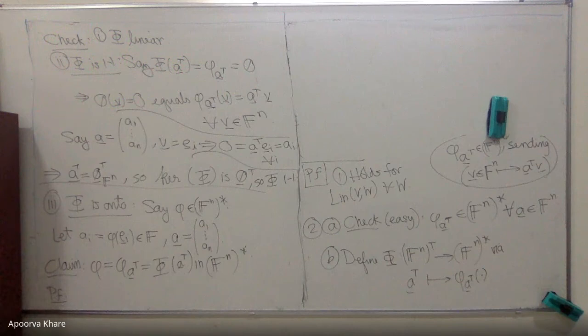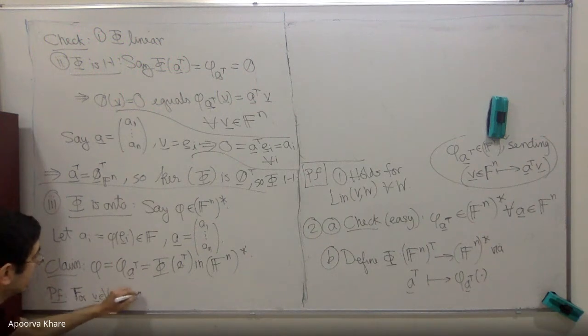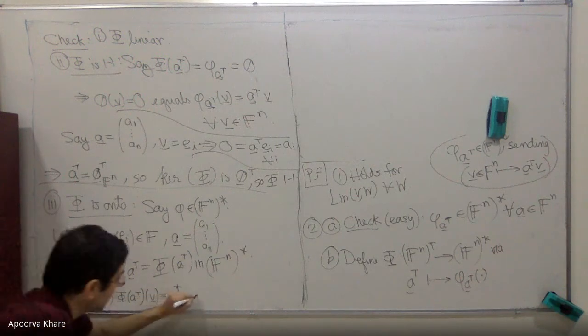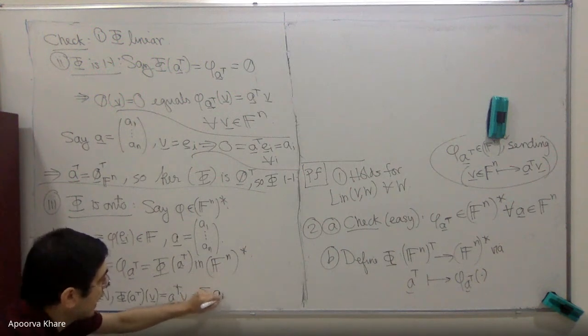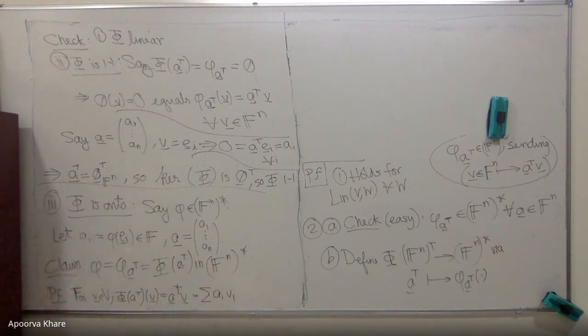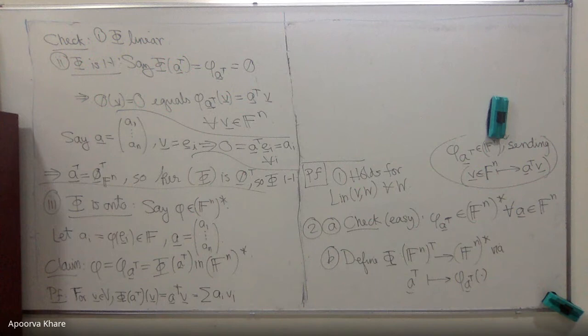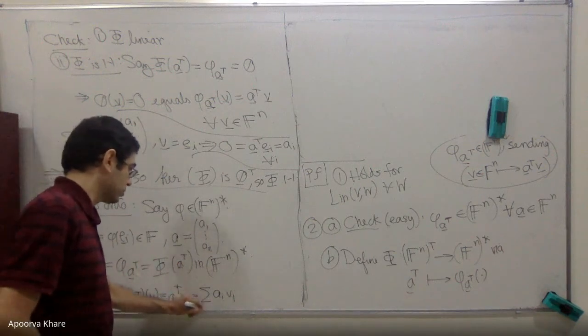Let's start with this side. For V belonging to V, let's say phi of A transpose of V, this is literally just A transpose V, right? But this is equal to summation AI VI, I goes from 1 to n.